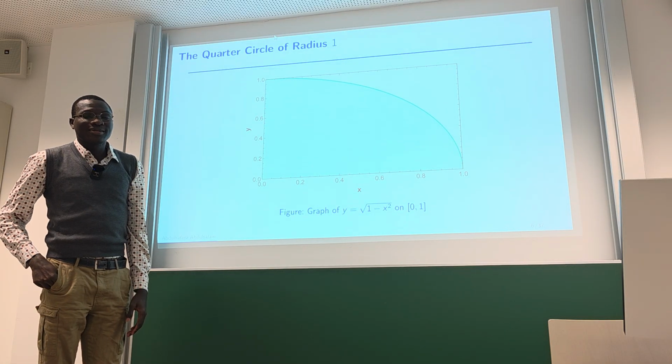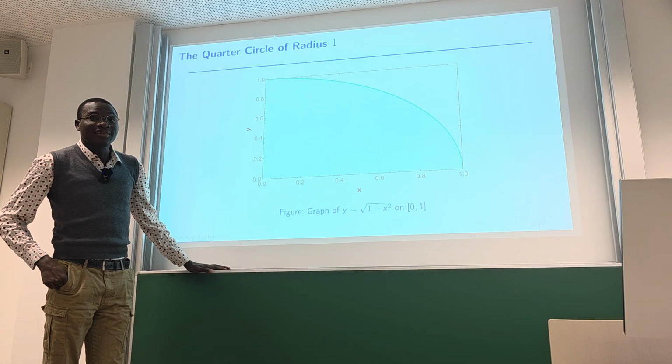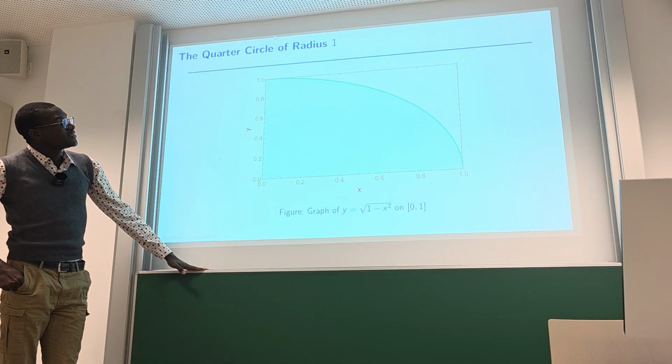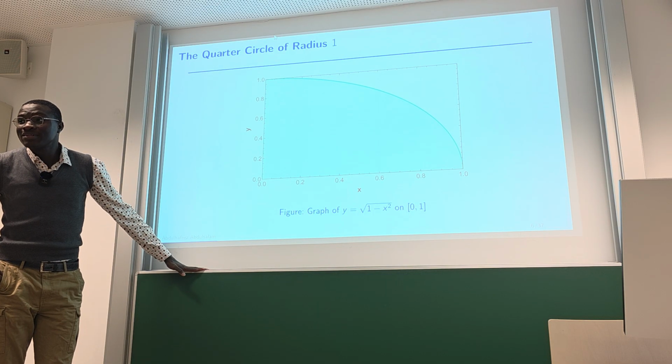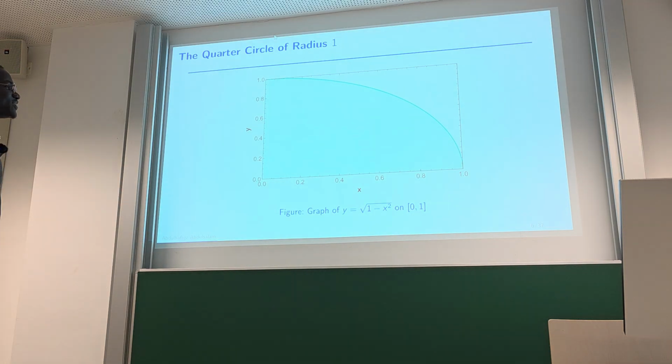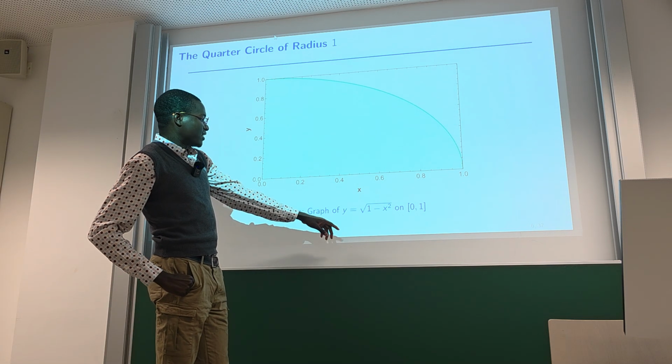Something happened to the scaling. To the scaling? Yeah, it has to be exactly the quarter circle, because right now it looks a bit like an egg. Wow, interesting. Let me see. Did you draw it in MATLAB? No, Mathematica.